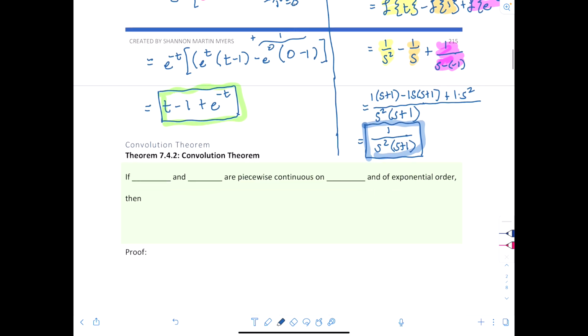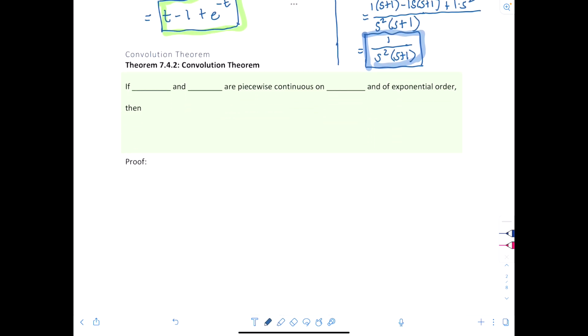Okay, so the convolution theorem, which is theorem 7.42: if f of t and g of t are piecewise continuous on 0 to infinity, including 0, and of exponential order, then it turns out that the Laplace transform of the convolution is equal to the product of the Laplace transforms, which is really awesome.